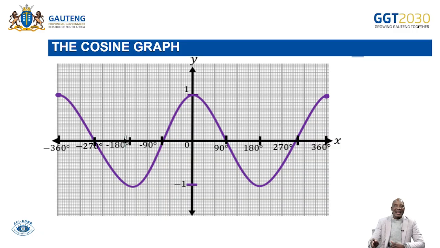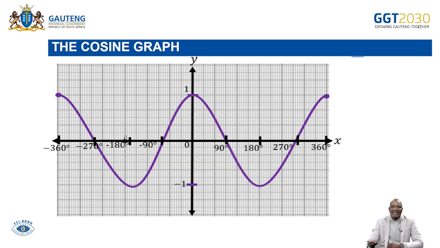Obviously, what is going to follow next is the plotting of those points, negative 360 and 1. You plot all your points up until you get to the last one, 360 degrees versus 1. It's again a wave of some kind. Although both ends are suspended, they are not touching the x-axis, whereas in the sine graph, those ends were touching the x-axis.